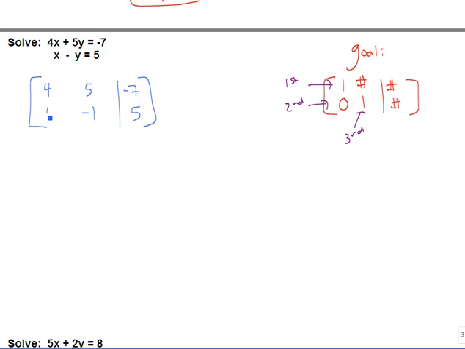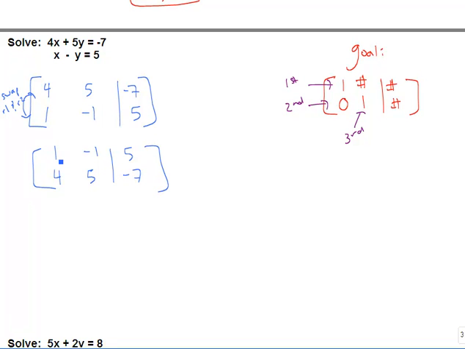However, we do have a 1 right here. And remember that you're allowed to swap rows. So we can swap row 1 and row 2, and that puts the 1 in the upper left corner exactly where we want it to be. And the top row becomes now the bottom row. So all I did there was swap row 1 and row 2.